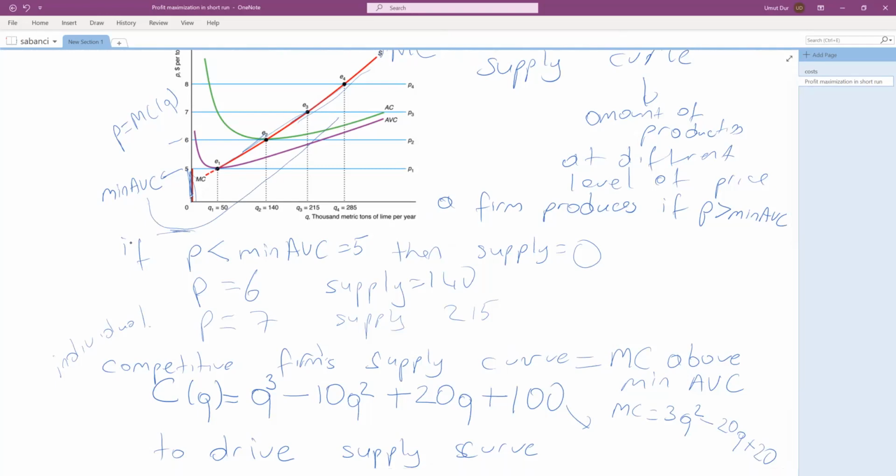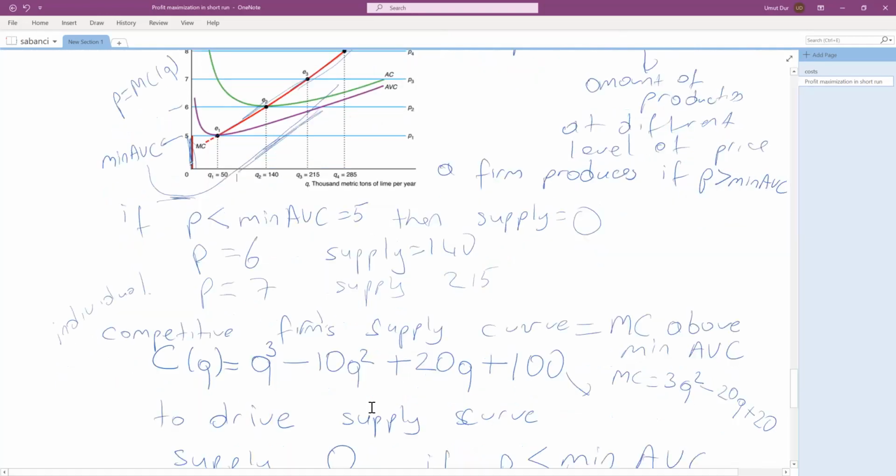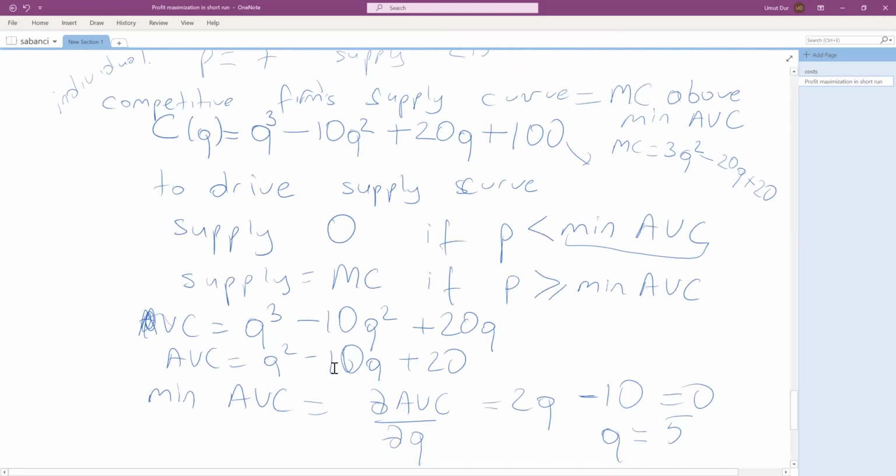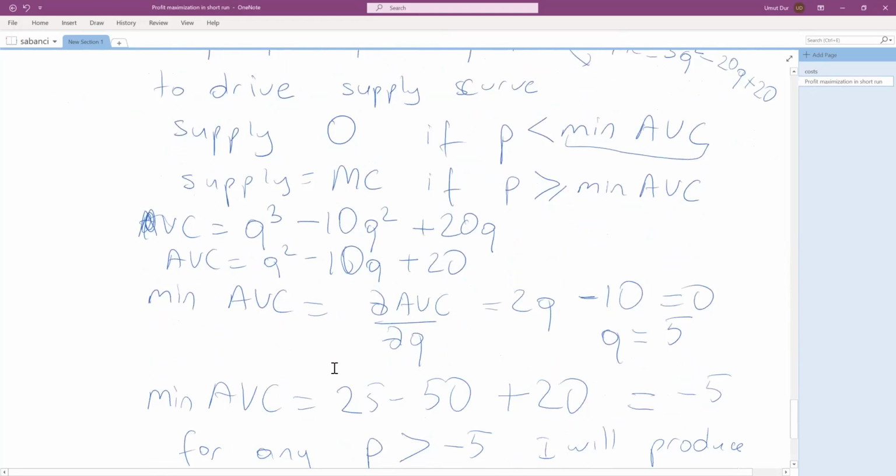Bazen supply curve'ü buradan başlatıyoruz ya, hani o durumda bu şekilde oluyor. Cost'u negatif bulmadık biz burada. Average variable cost'un minimum değeri negatif bir sayıya denk geliyor. Şu şekilde bir daha çizeyim. Şöyle bir şeymiş average variable cost curve'ümüz.